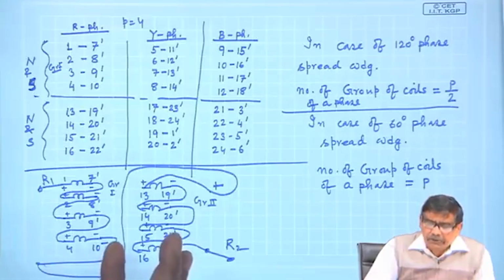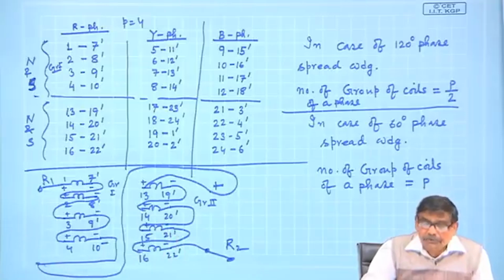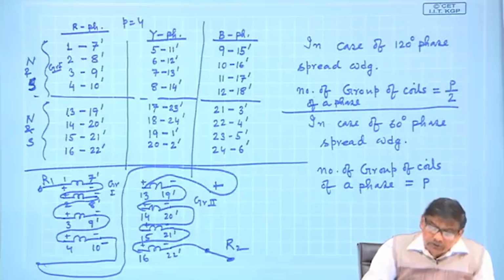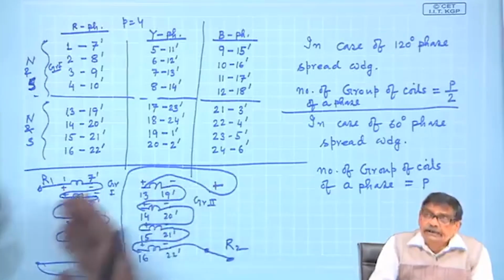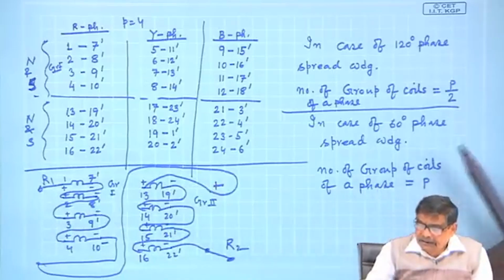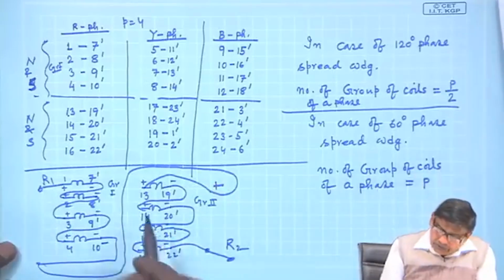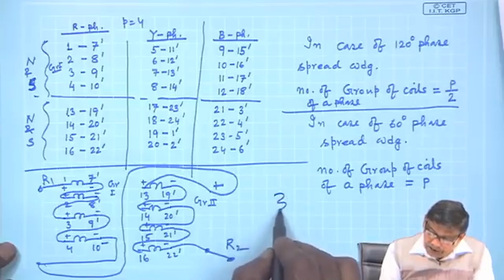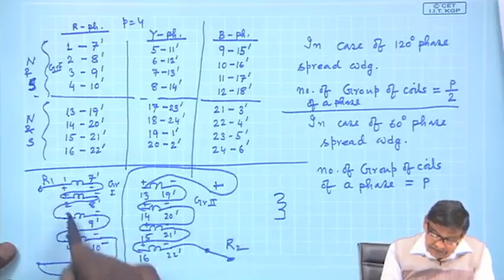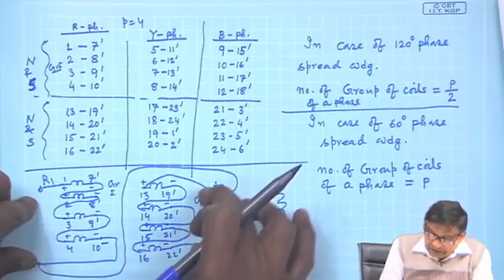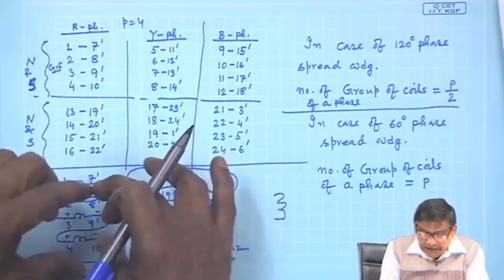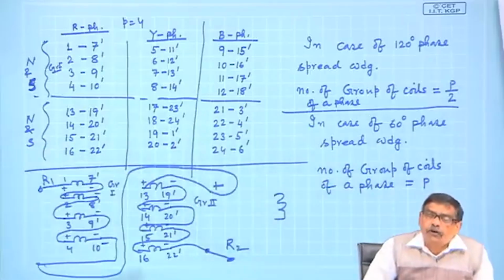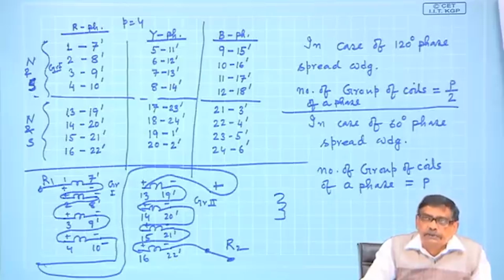After machine has been wound, groups are available, they have to be connected in series. Also, it is to be noted, these groups may be also connected in parallel, it does not matter. These groups, say group 1 R phase, these two terminals and these two terminals, they are identical, all the voltages are. They could be connected in parallel and brought out. This is done for low voltage, high current machines.